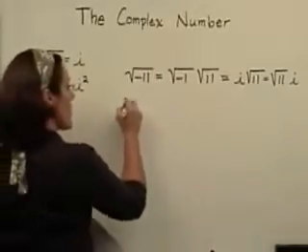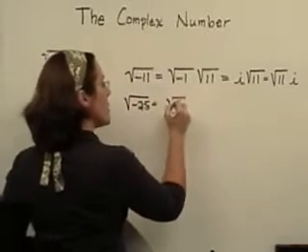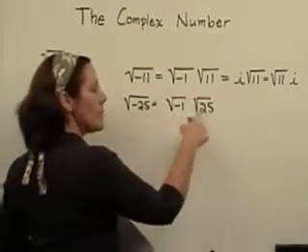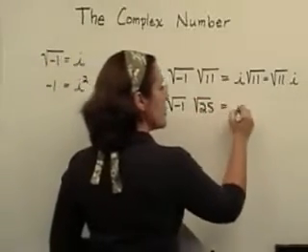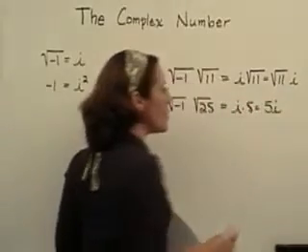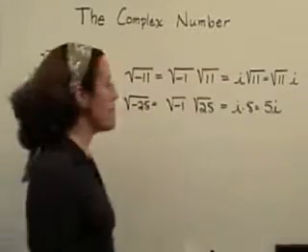If I have a perfect square, the square root of a negative 25, think of it as this. The square root of a negative 1 times the square root of 25. This is i, and this is 5. So we might write i times 5. I prefer to write that with the numerical coefficient in front and write it as 5i instead of i times 5.